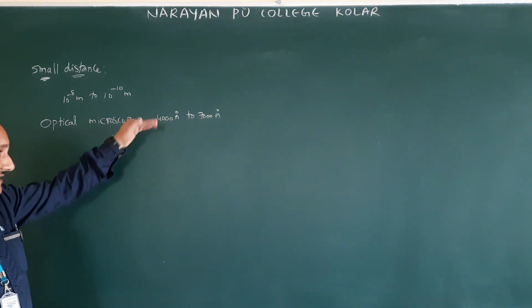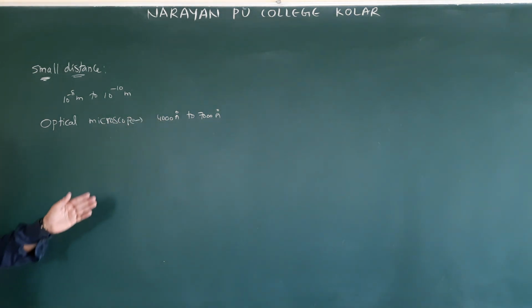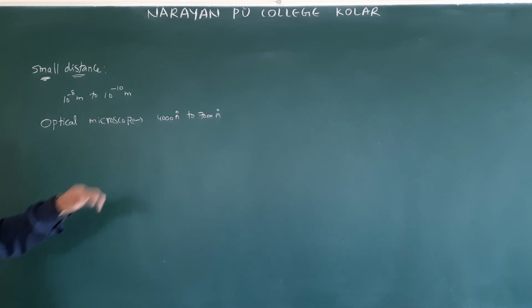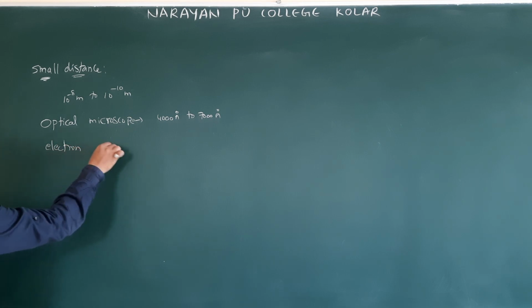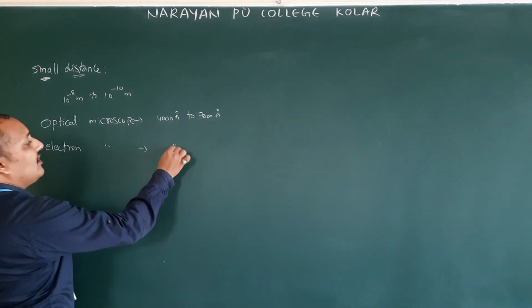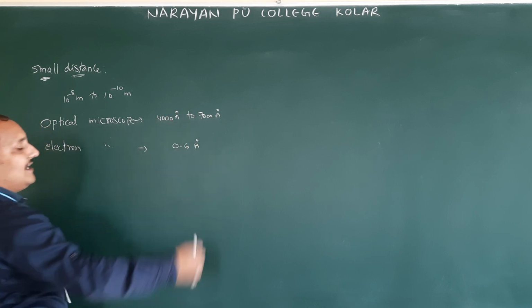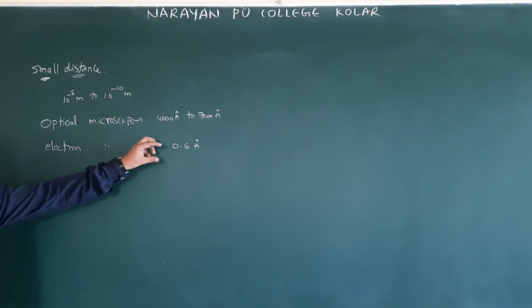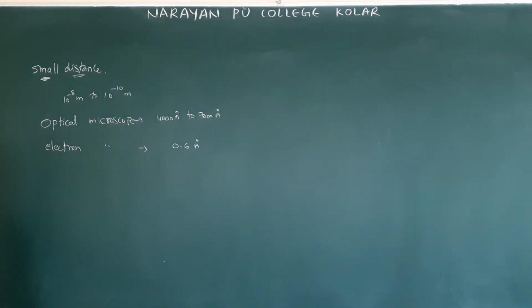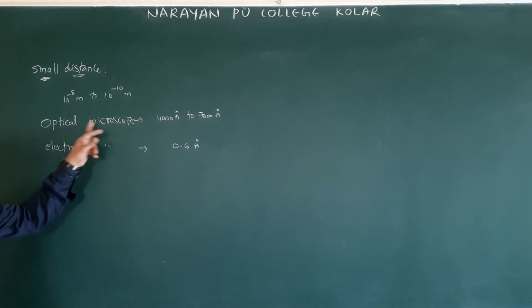Still smaller particles are electron, proton, neutron. Their size is very small, so we use the electron microscope, with a range of almost 0.6 angstroms. The electron microscope is used to measure very small particles, subparticles of the atom. They may ask a question like that.